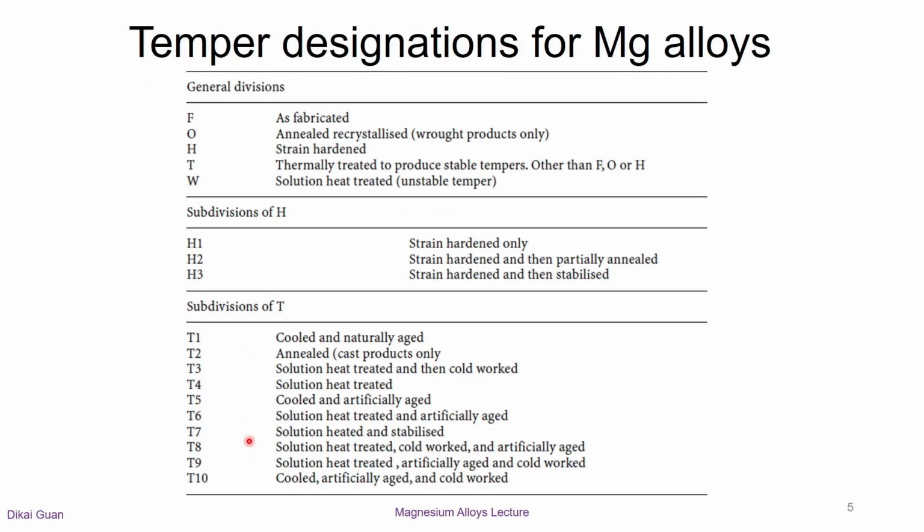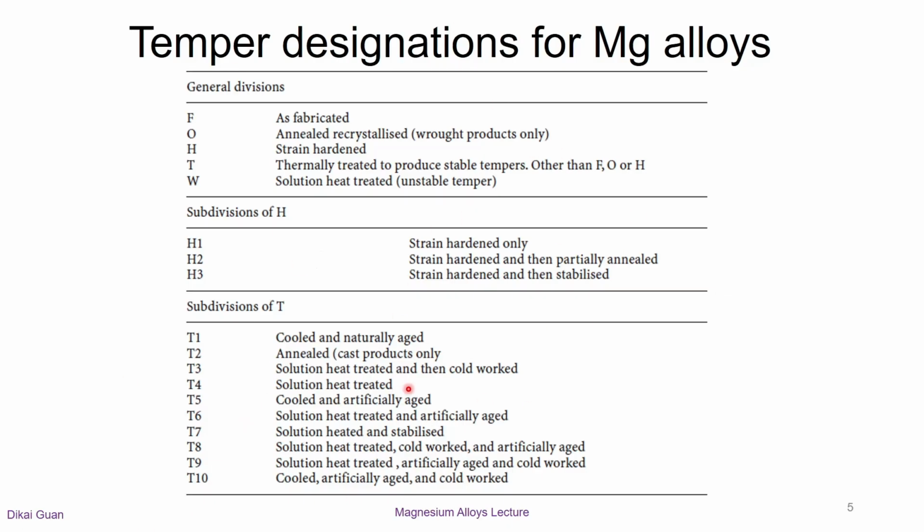In addition, a fabrication code, for example, F as fabricated, H strain hardened, is added to indicate the condition of the alloy. Heat treatment designation used in magnesium alloys shares the same identification system with aluminum alloys, as shown in these tables.